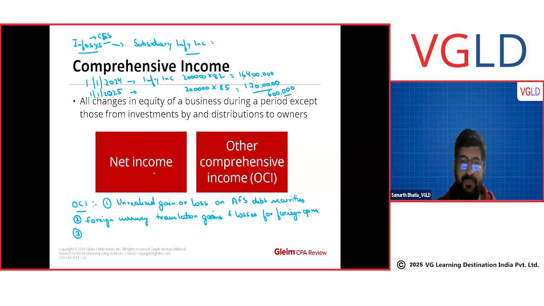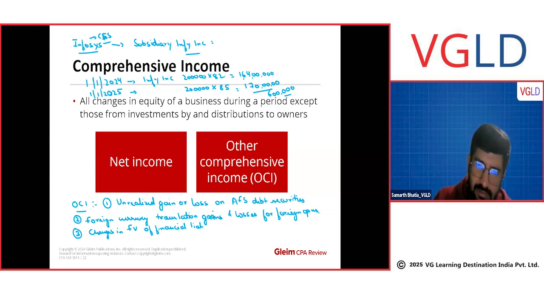The next is the changes in the fair value of financial liabilities that is attributable to instrument specific credit risk.